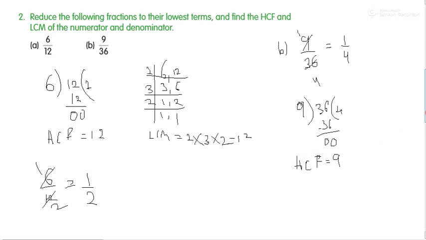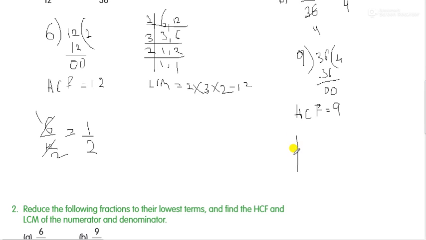Next the LCM. So here 3 3s are 9, 3 12s are... Next, 3 1s are 3, 3 6s are 12. Next, 3 2s are 6.